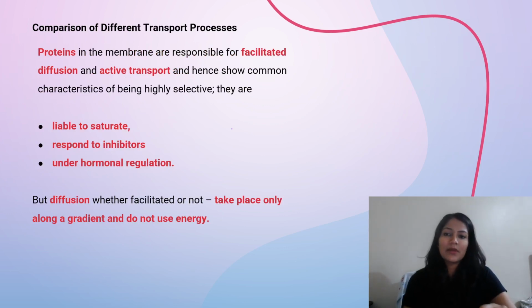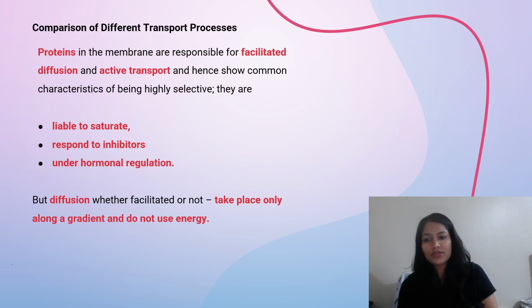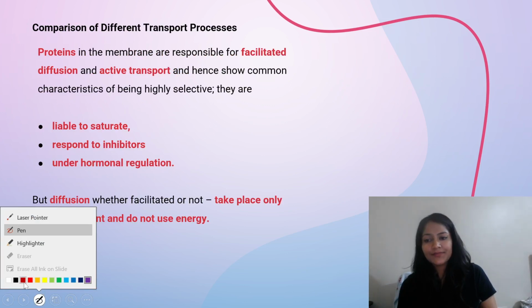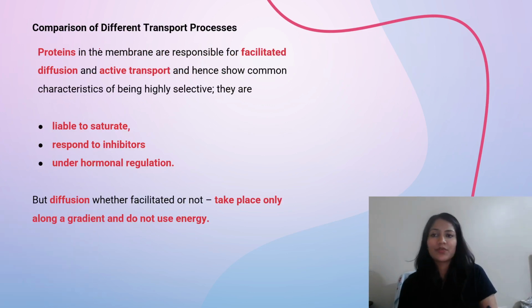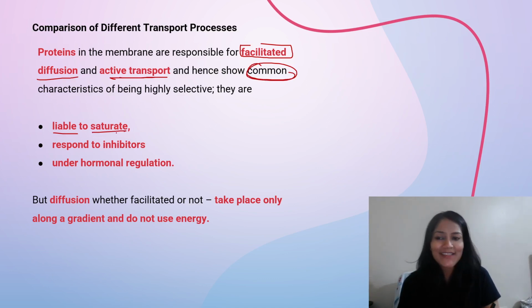Now this is a comparison of the different transport processes: diffusion, facilitated diffusion and active transport. So proteins in the membrane are responsible for facilitated diffusion and active transport. Hence they show common characteristics like being liable to saturate; they can get saturated.